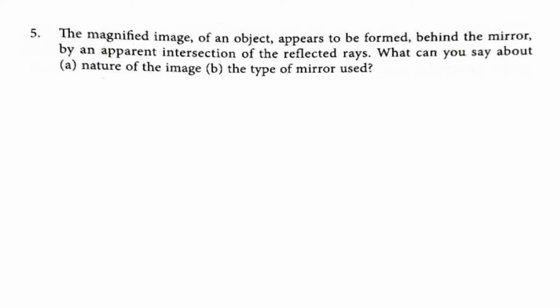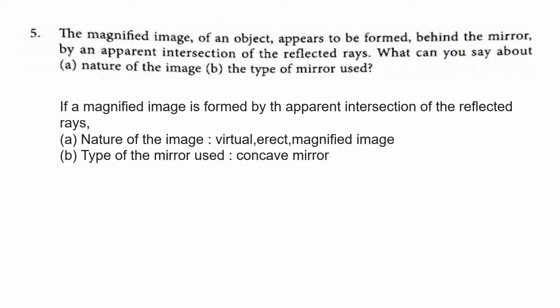Whenever we are getting virtual image, it is compulsory erect. So virtual and erect image. Anyway, in the question itself they have given magnified. Then coming to the type of the mirror, it will be concave mirror. So if a magnified image is formed by the apparent intersection of the reflected rays, nature of the image will be virtual, erect, magnified, and the type of the mirror used is concave mirror.